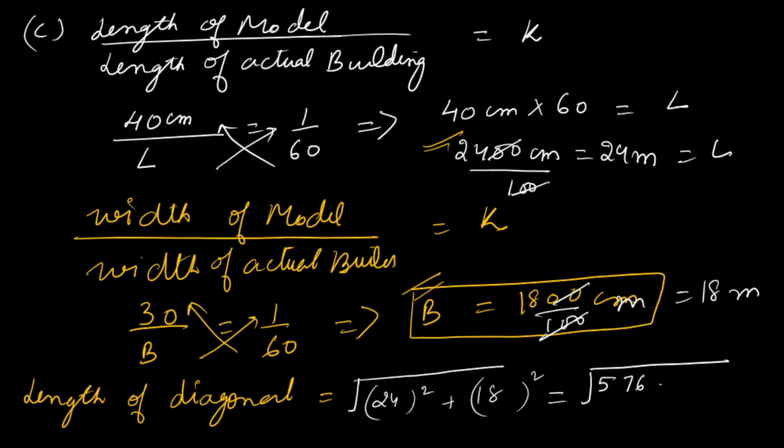Okay, 576 plus 18 square. You are multiplying and telling me the answer, but this type of answers you should tell me immediately. I have told you before your exam, at least 1 to 30 squares by heart and 1 to 20 cubes. And Tuesday is your exam, so very few days are left.